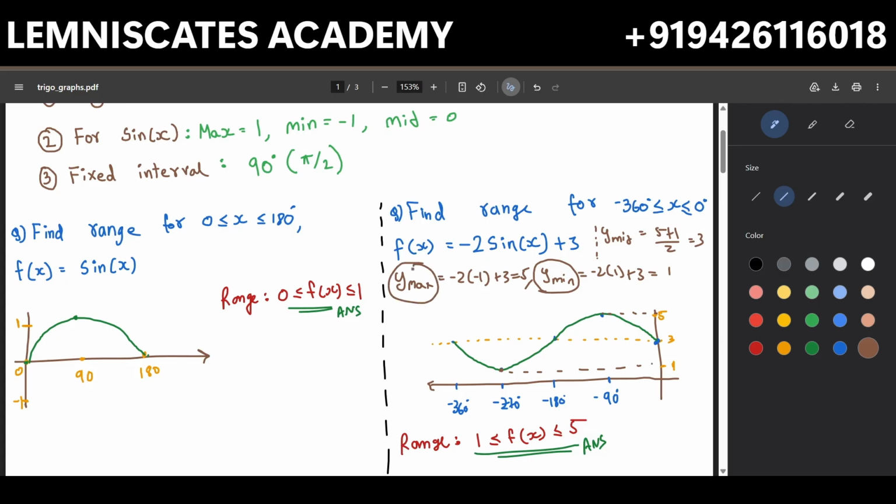No doubt about it. And in certain cases where the domain does not include a complete cycle, like what you can see over here, a complete cycle would have been like this. But when your domain is not allowing a complete cycle to take place in the graph, in those cases 100% you will have to sketch the graph and then identify the minimum and the maximum value.